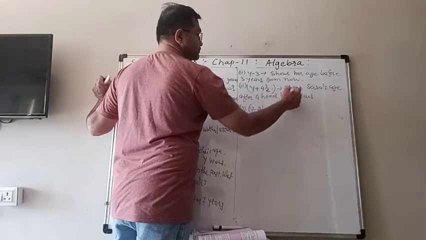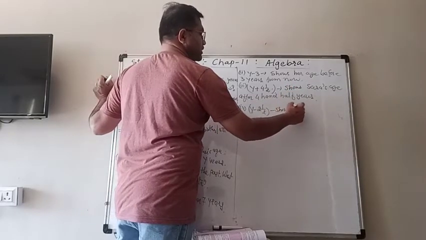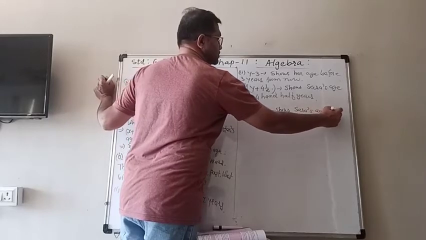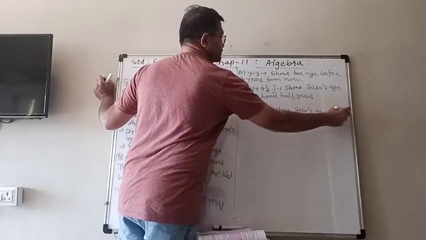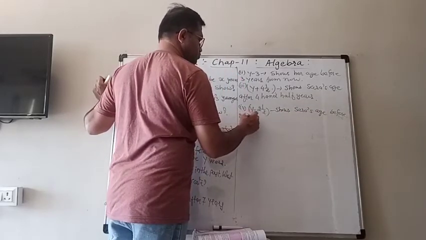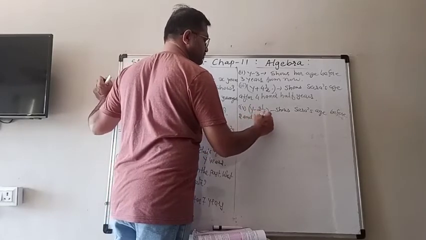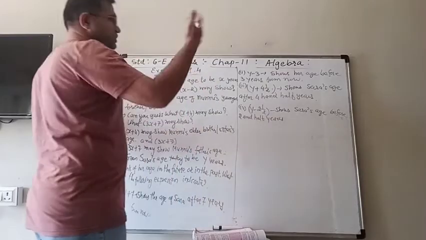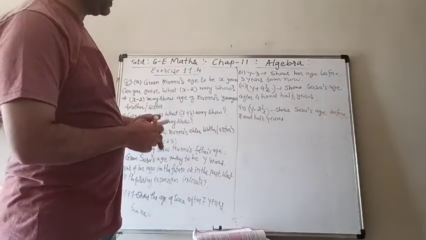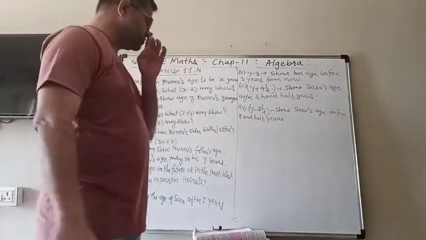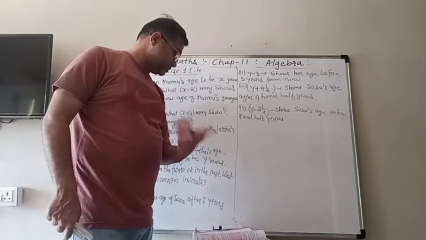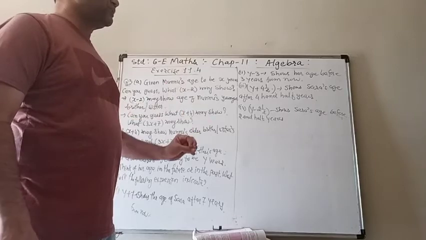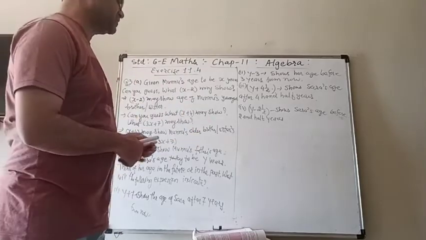It shows Sarah's age 2.5 years ago. So whatever is with plus shows her future age, and whatever is with minus shows her age in the past.